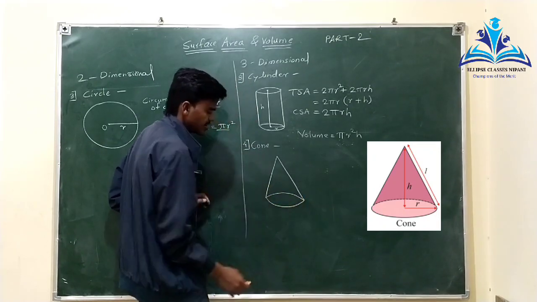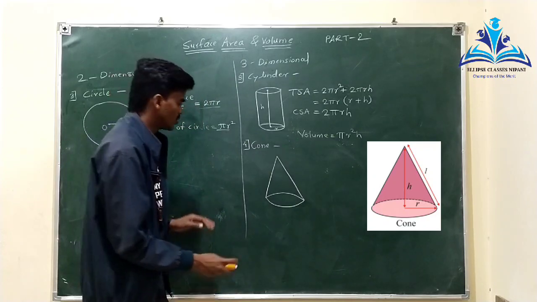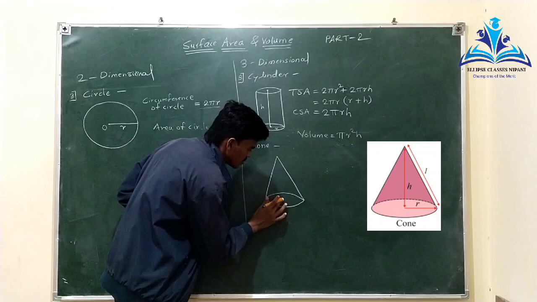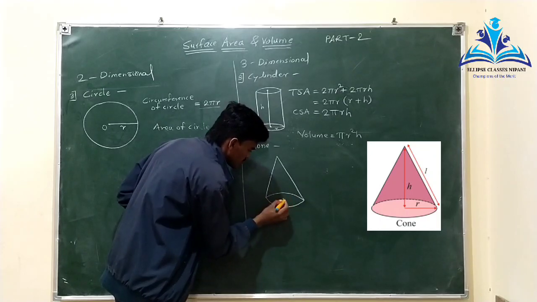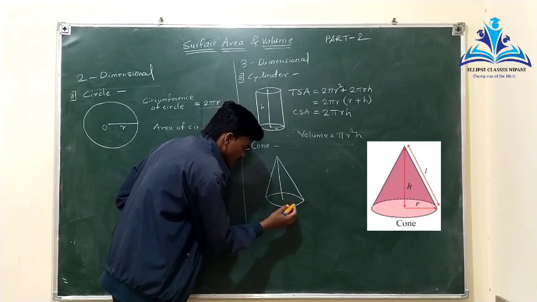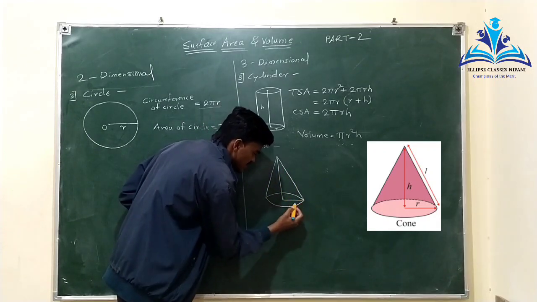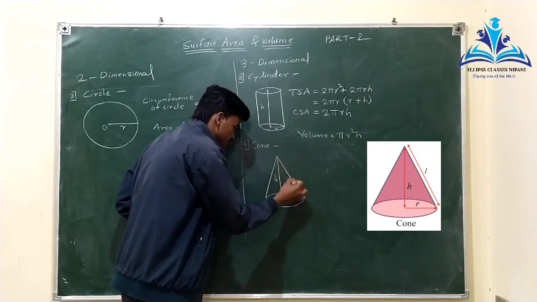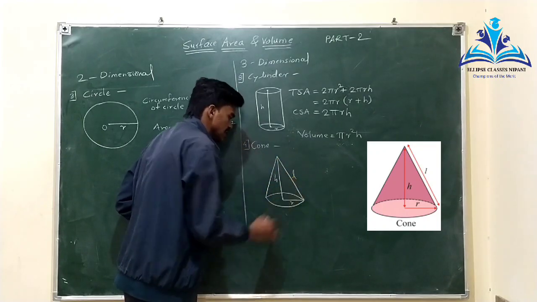So this is nothing but one cone, with center and some height. h is height, r is radius, and this slant height is l.